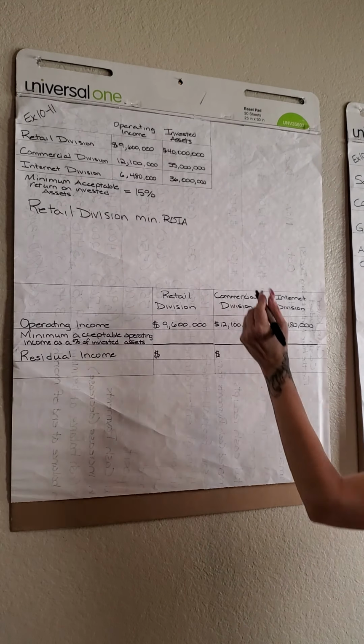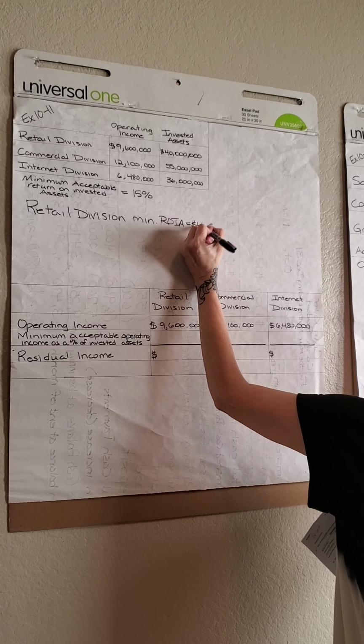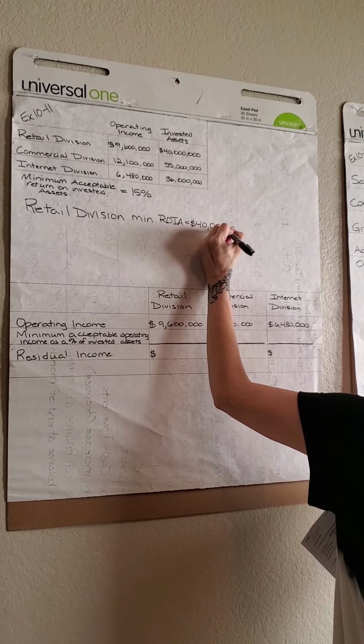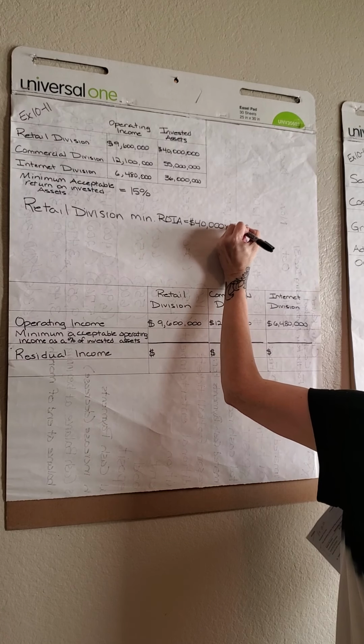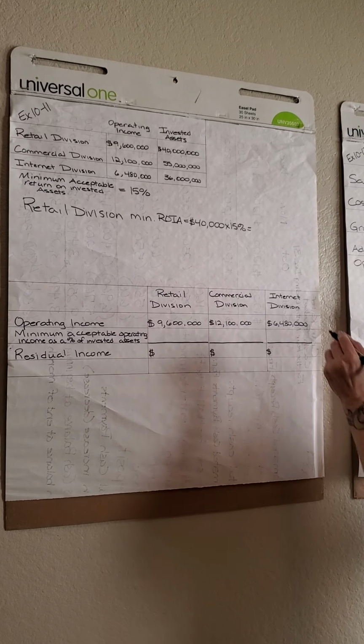Okay, so to do that, we're going to take the $40 million in invested assets, multiply it by 15%, and when we do that, we arrive at $6 million.